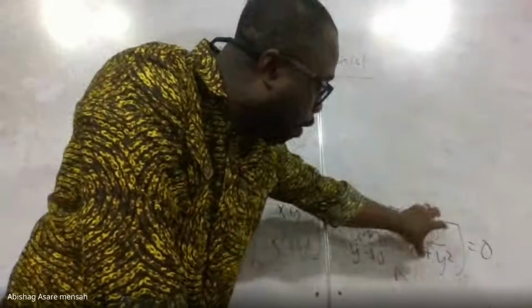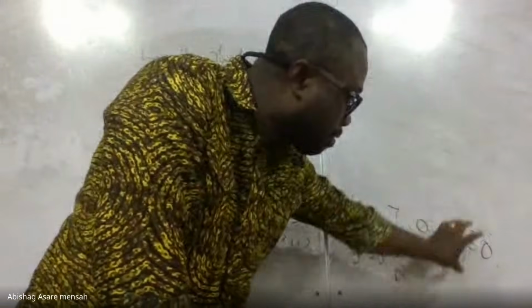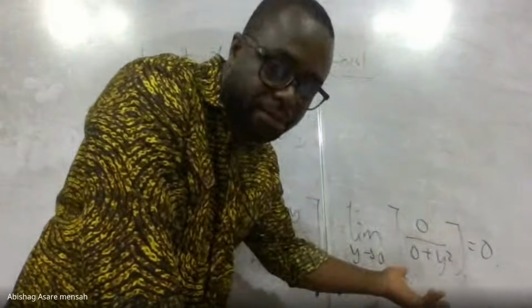Shouldn't it be x approaching 0? Because you are putting the next one equal to the limit, where y is approaching 0, but already this one is 0. So even if you find the limit, it will be 0. That's what I want to say.